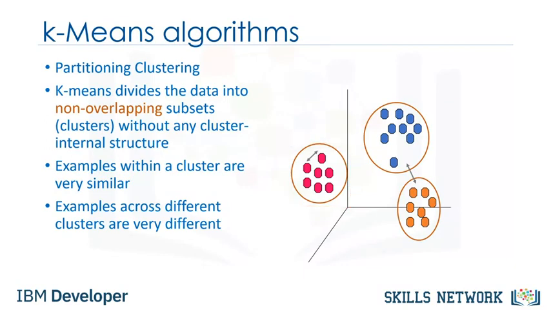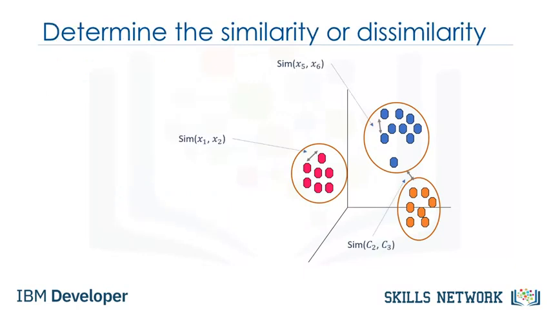Now we face a couple of key questions. First, how can we find the similarity of samples in clustering? And then, how do we measure how similar two customers are with regard to their demographics? Though the objective of k-means is to form clusters in such a way that similar samples go into a cluster and dissimilar samples fall into different clusters, it can be shown that instead of a similarity metric, we can use dissimilarity metrics.